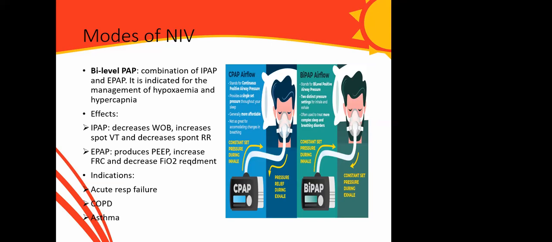While for BiPAP, two distinct pressures are supplied, during inspiration and expiration. All right. CPAP is more affordable, while the other one is more expensive. And you can see as we go on that there are different pressures. The inspiratory positive airway pressure is usually more than the expiratory positive airway pressure.